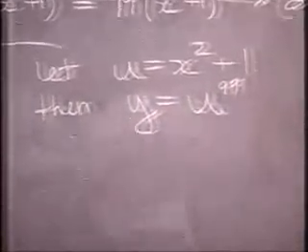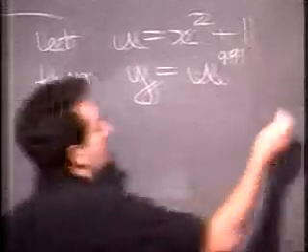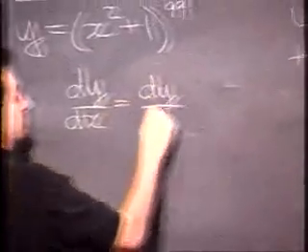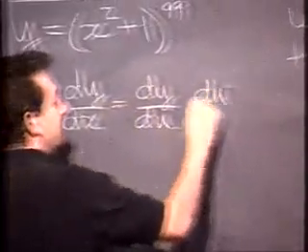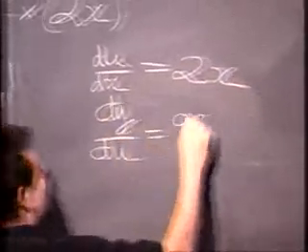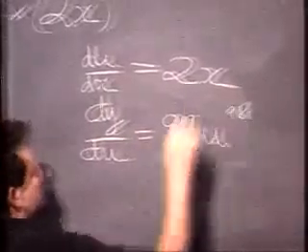So now we can use the formula. Well, I'll write out the formula first. dy/dx is dy/du times du/dx. So we're going to need to know du/dx. Well, we just differentiate x squared plus 1 to get 2x. dy/du is 99u to the 98.